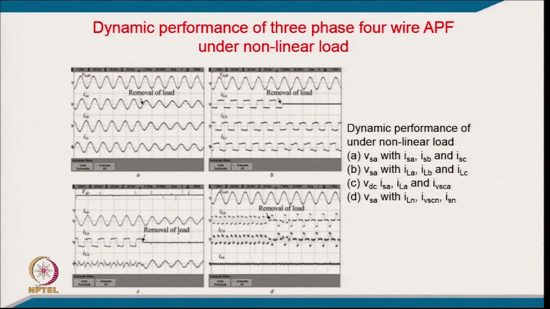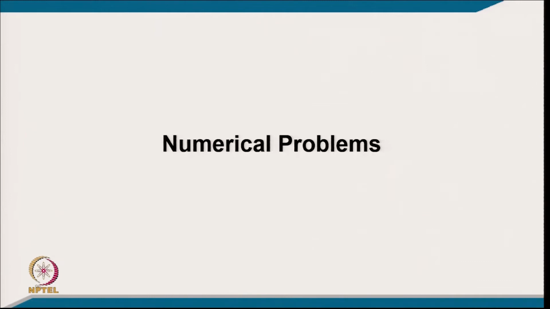But once the load is removed, these two currents become the same, for load balancing. This is the neutral current of the load, this is the neutral current of your shunt active filter, and this is the grid neutral current. So the grid neutral current is made 0 by the fourth leg of the shunt active filter of this 4-leg 4-wire system. This is the simulation and experimental result.